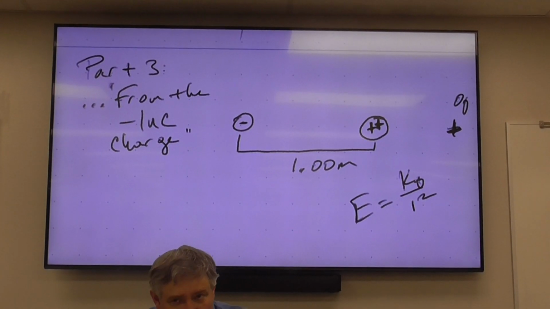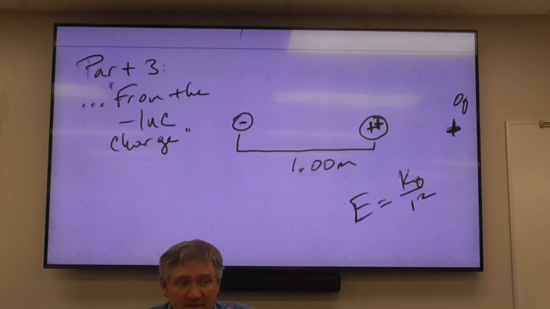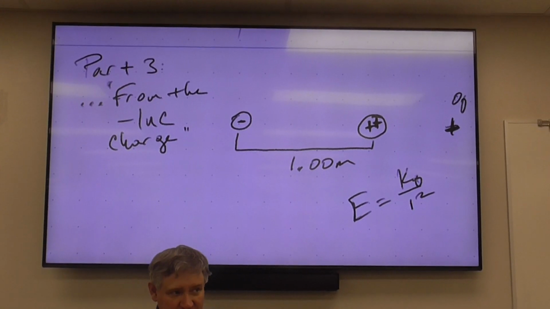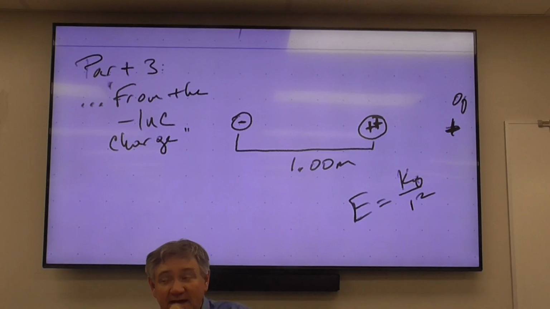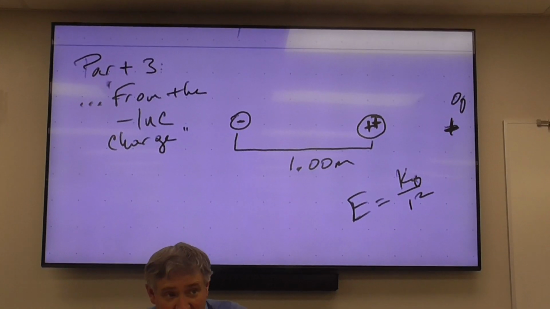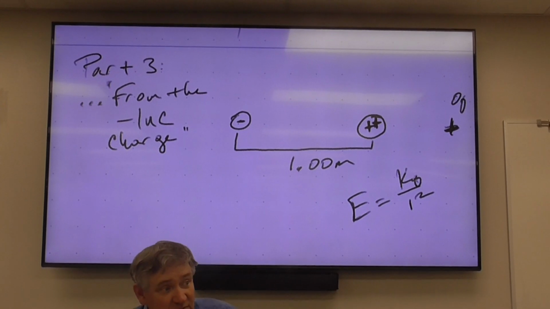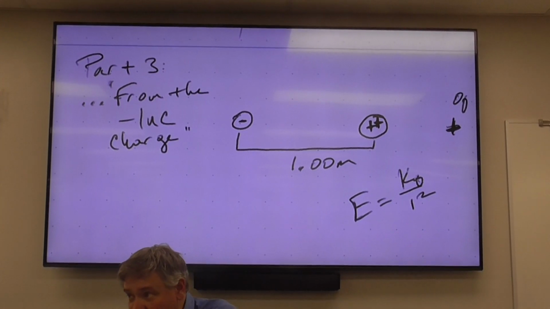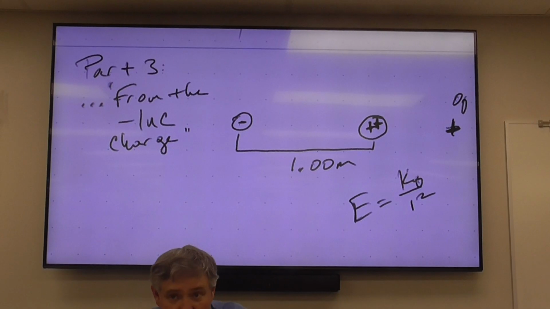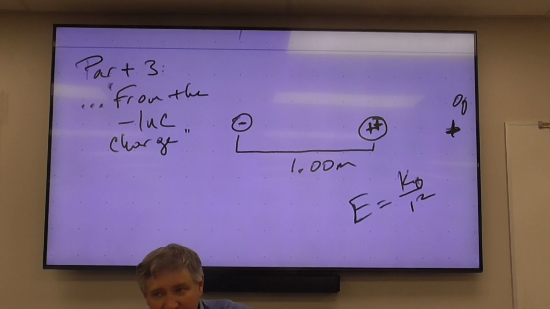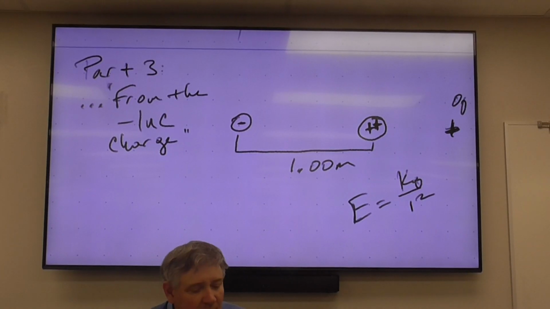Is that Q what is creating the electric field, or what is feeling the electric field? It's what's creating it. This is important. Just like little g equals big G M over r squared, that's the mass of the Earth that's creating the gravitational acceleration, not the mass that's feeling it.